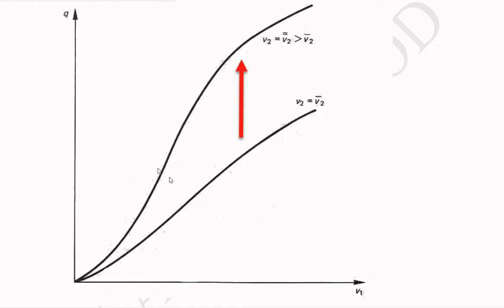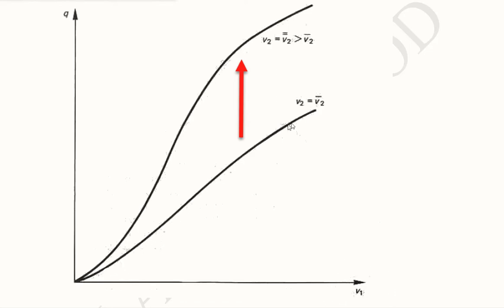V1 is plotted on the x-axis and the output is plotted on the y-axis, whereas V2 is considered to have a certain level, that is V2 bar. So the second factor of production is considered at a certain level. We are not allowing it to vary, where we are considering V1 to be variable. Now if V2 is fixed at V2 bar and V1 is allowed to vary, then the curve will look like this.